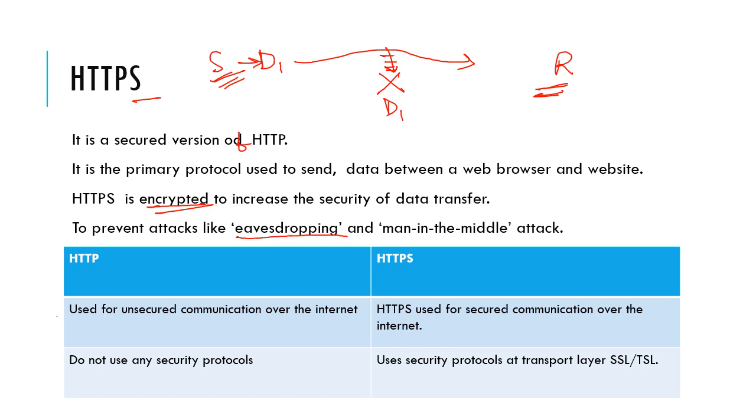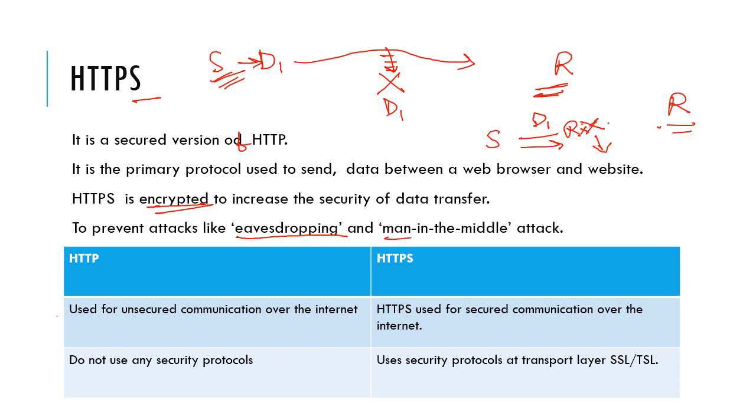Then comes the man in the middle attack, where you have your sender and a receiver, and somebody else acts as a receiver. This is a fake person, say X. It will show that I'm a receiver, but it's not a receiver. So your message D1 got delivered from sender not to the receiver, but to this impersonating person called X. So R, the original receiver, was not able to see your message, but this impersonating person was able to see.